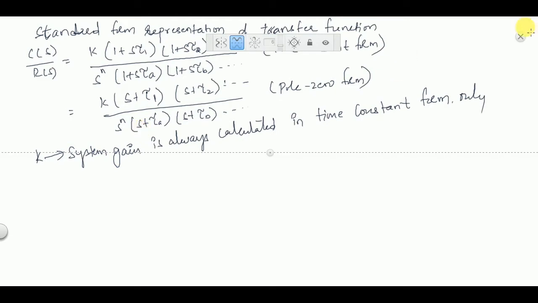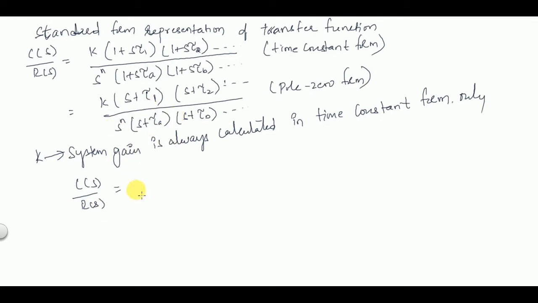Right, so if you are given C of s by R of s in pole zero form, like 10 into (s plus 5) whole square divided by s into (s plus 10) whole square into (s plus 20), something like this, this is called pole zero form.